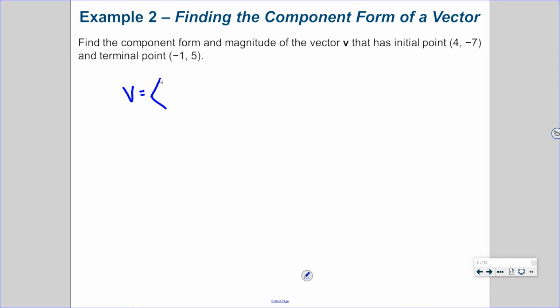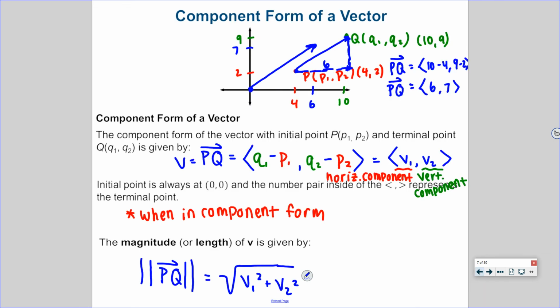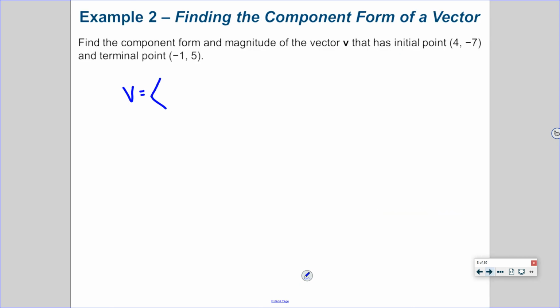So the formula, if you will, is you always want to start with your terminal point, subtract off the initial point. That'll give you the horizontal component. And then same thing with their y coordinates, and that'll give you the vertical component, which we just saw visually why that works, right? So here I would do my terminal point -1 minus, and you do have to go in this order, 4.